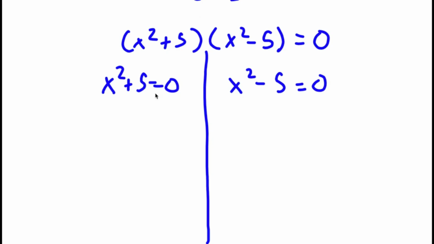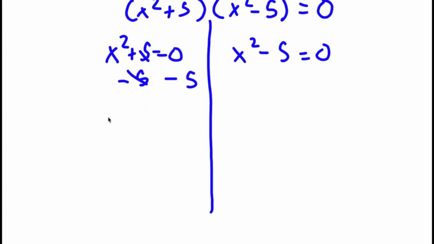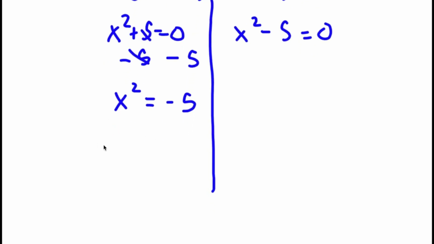So, for x to the power of 2 plus 5 equals 0, I can simply subtract 5 on both sides, so then these two cancel out, and now I'll be left with x squared is equal to negative 5. Now, I'm going to take the square root on both sides.